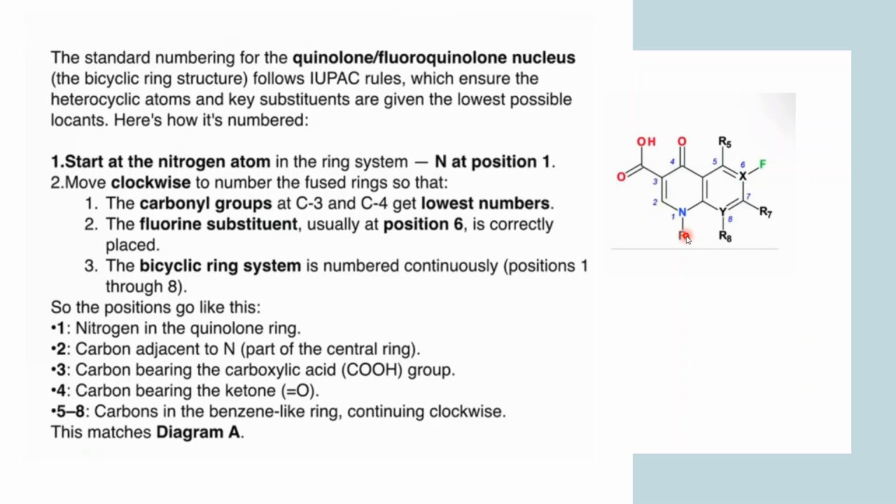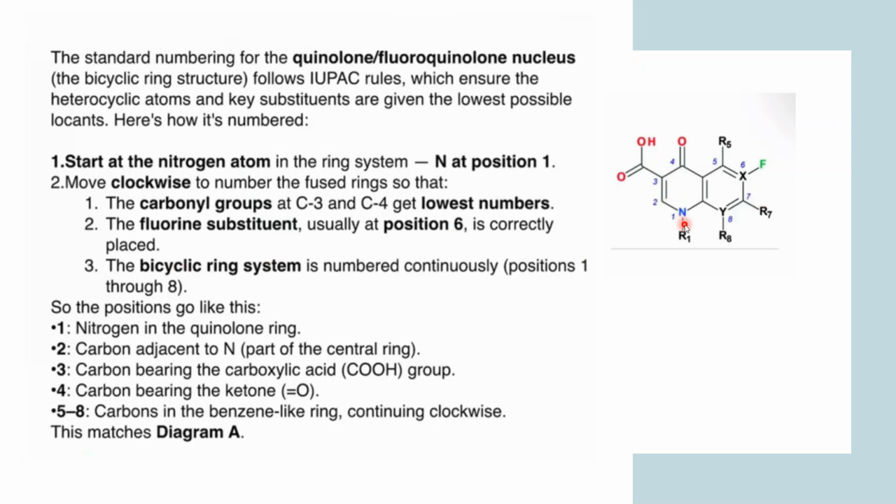According to IUPAC, these are to be numbered as low as possible, so N will be at position 1. If you number from here, N is at position 1, and then you move clockwise so that you get the lowest numbers for the carbonyl group. This will get 3, this will get 4, and the fluorine substituent at position 6 is correctly placed.